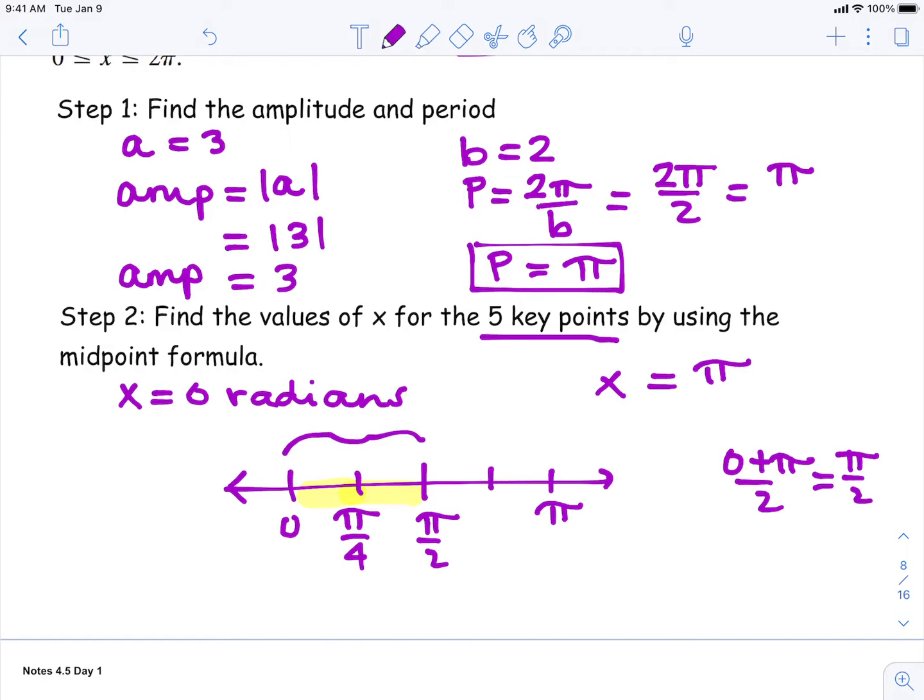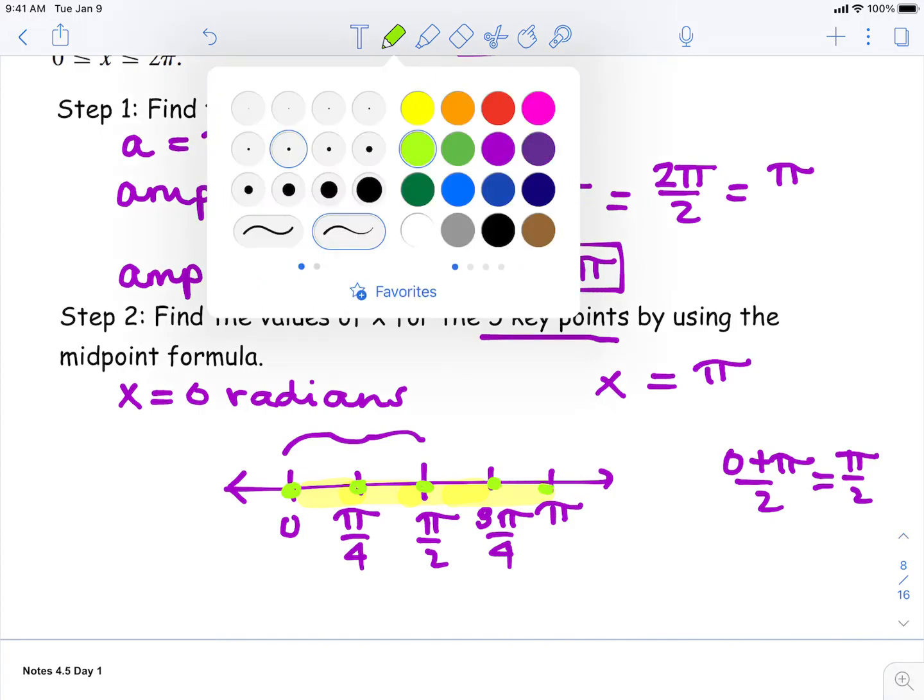So pi over 4 plus 2 pi over 4 would be 3 pi over 4. There's the next increment. 3 pi over 4 plus pi over 4 would be 4 pi over 4, or pi. So these are our 5 key points, 1, 2, 3, 4, and 5, making up 4 equal increments.